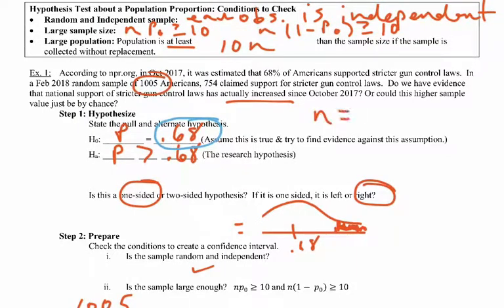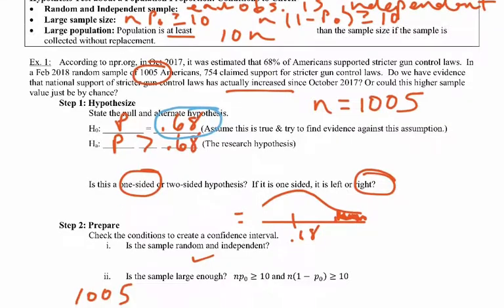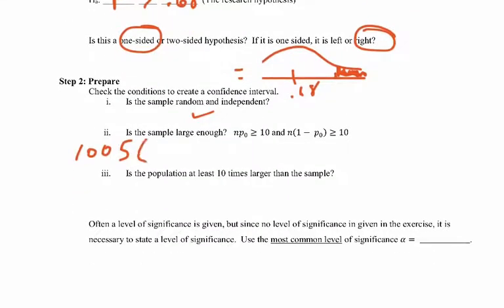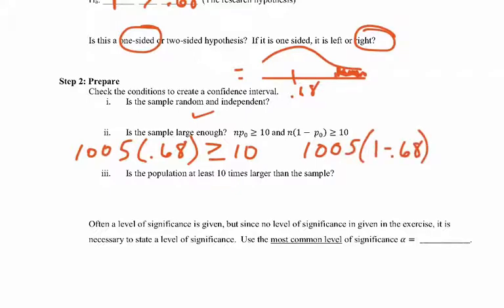So let me jot that down. n is 1,005. So our sample size is 1,005. So 1,005 times 68%. I don't know what that number is, but it's certainly more than 10. And then the complement, 1,005 times 1 minus 0.68, that would be the expected number of failures. That would also certainly be larger than 10. And of course, the population of the United States is at least 10 times the sample size. So we're good to go there.